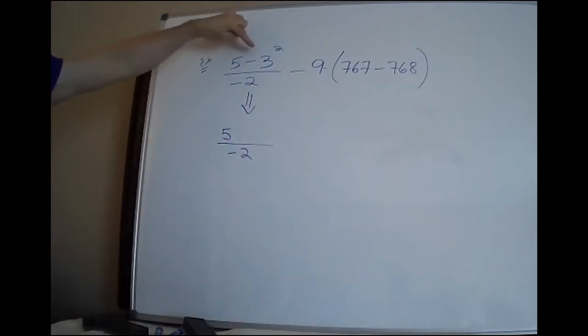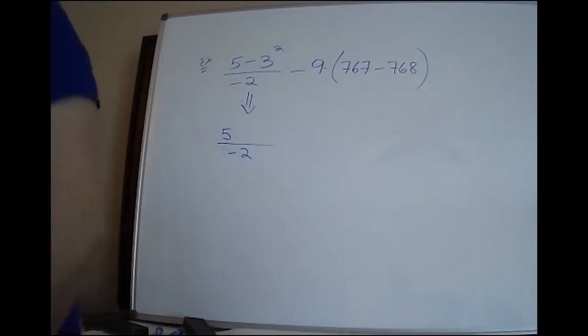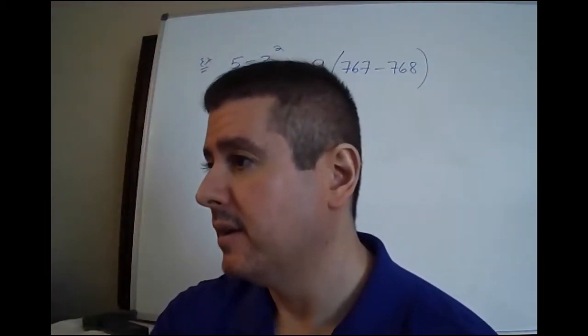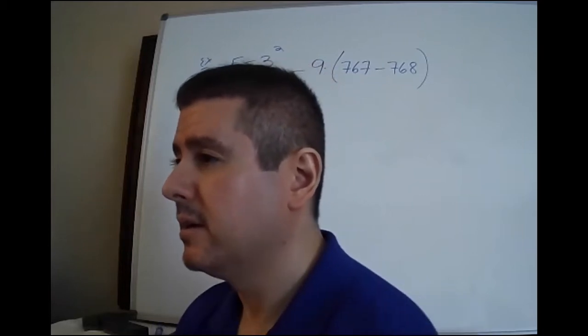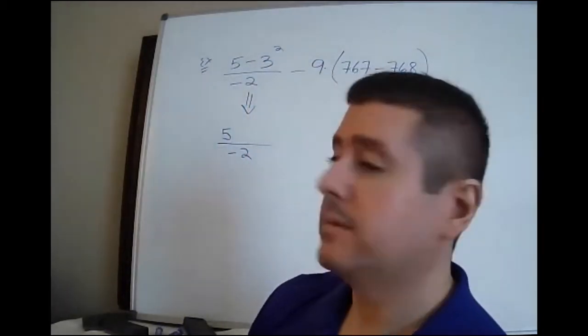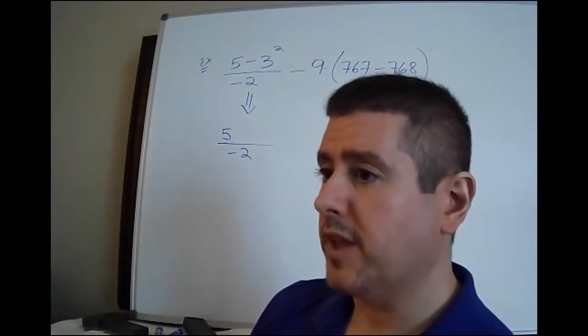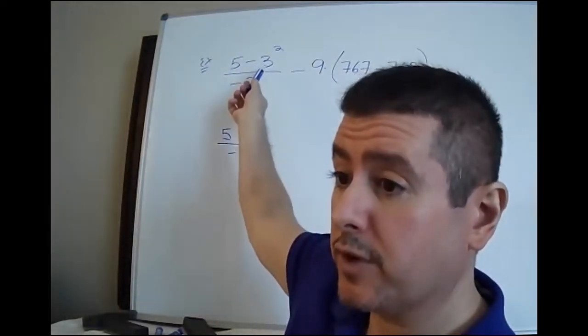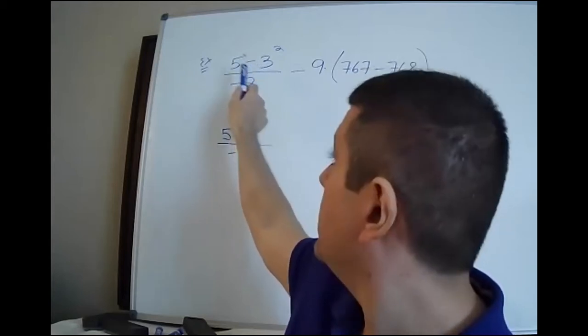Now, the $1,000,000 question. This is either a +9 or a -9. I'm curious how many of you think it's -9, and how many of you think it's positive. Like, do you do -3 times -3 and make it +9?